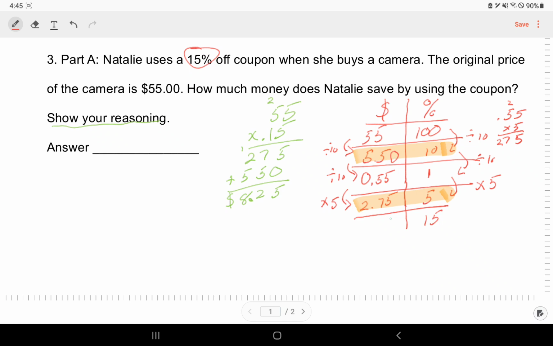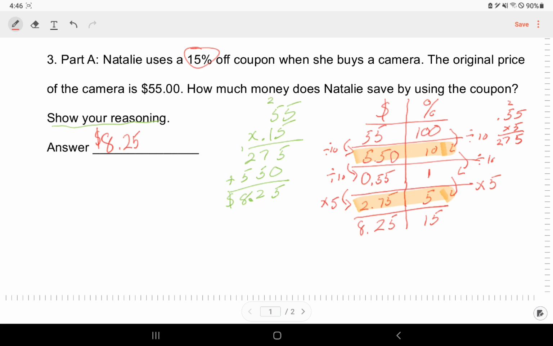Well, 0 plus 5 is 5. 5 plus 7 is 12. Carry 1. 5 and 2 is 7, plus the 1 is 8. And so 825. And again, I could have done the 15 times 0.55.